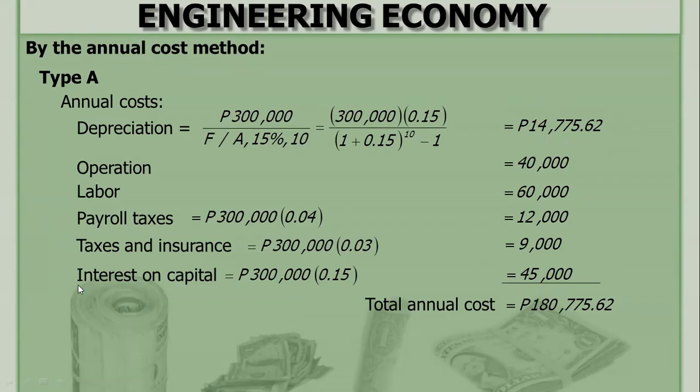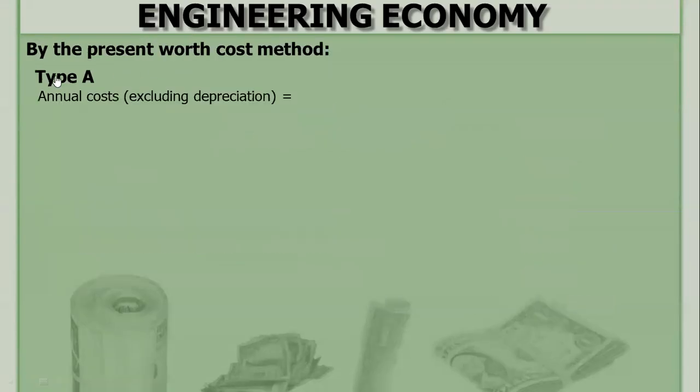Again, interest on capital is only considered in the annual cost method. So in present worth, the cost will only be operation, labor, payroll, and insurance. So 40 plus 60, that's 100,000. Plus 12, 112, plus 9, that's 121,000.